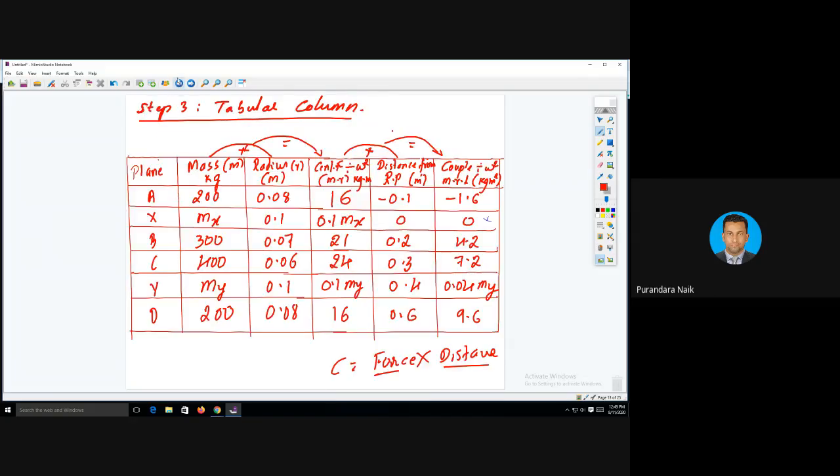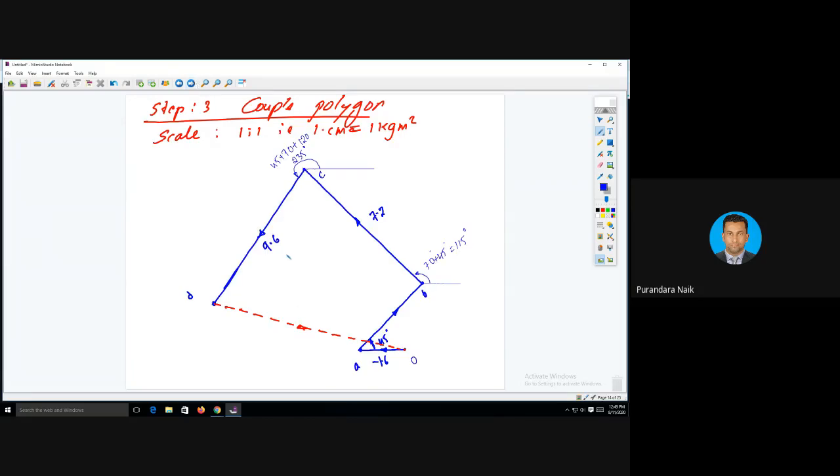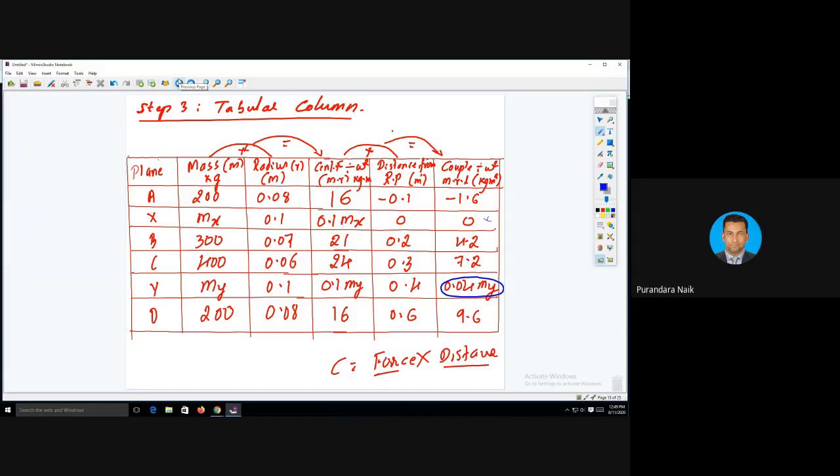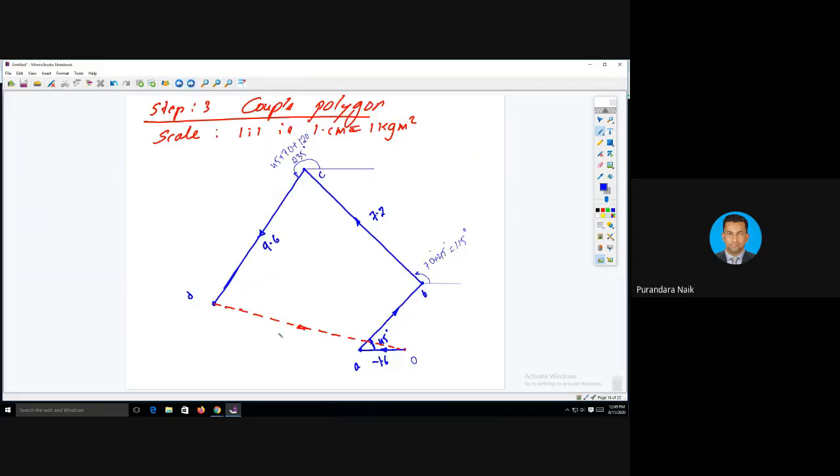This couple is an unknown couple, which we have marked as a dotted line. So this is 0.04 my. If you measure this length, we'll get the value of my.